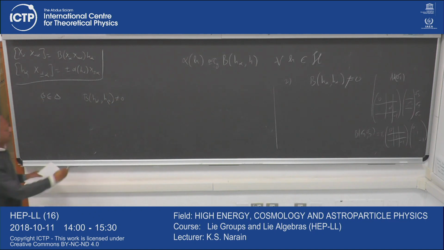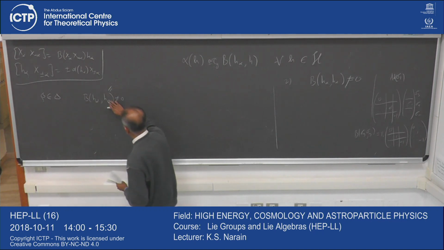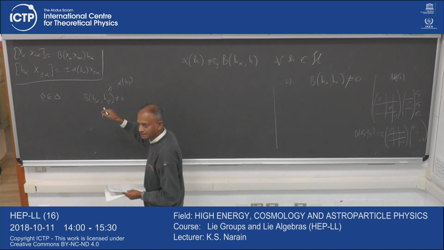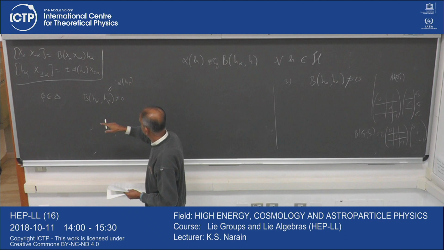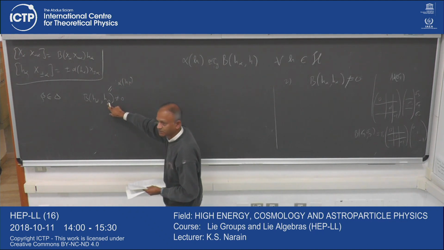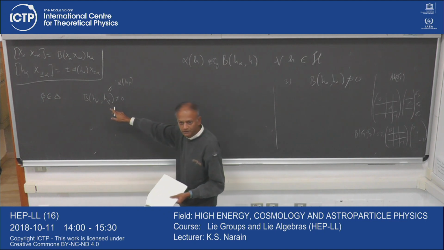This is clear from the definition of the coroot. This is nothing else but alpha of H beta. That was the definition, because this was for any H, specialized to H beta. H beta is after all an element of the Cartan.